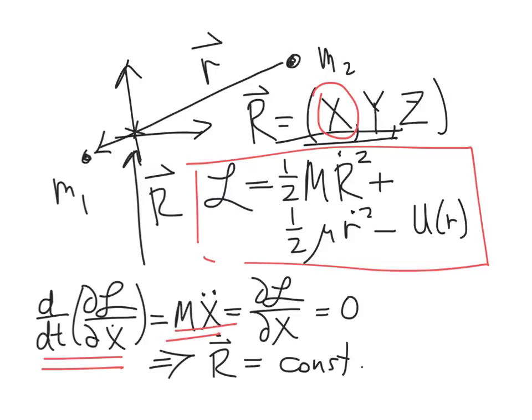So the x component of the acceleration of the center of mass, through the Euler-Lagrange equation, has to be equal to the partial of the Lagrangian with respect to the x-coordinate, and that's 0. And so what that means is that X double dot is 0, and so X dot is a constant. In other words, the velocity vector for the center of mass is a constant. And so it represents an inertial frame.